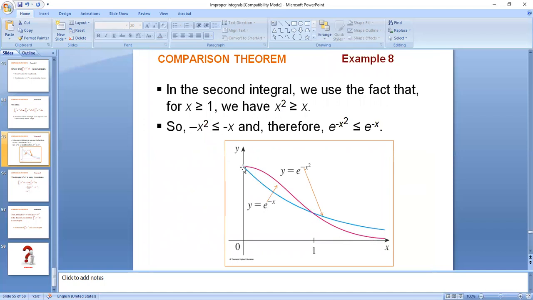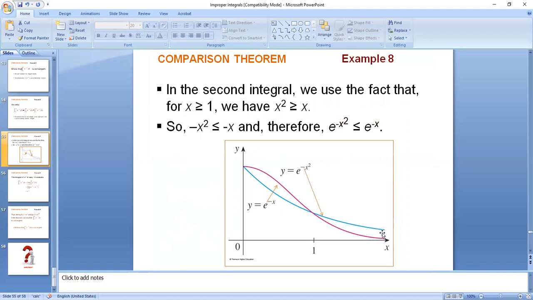This is what we call, in differential equations, which you'll be taking up next year, exponential decay. There's a greater degree of reduction in the value of y because of this exponential function in which the argument is negative and it's being squared. So this is it. Compare it to e raised to minus x only, which is this one.